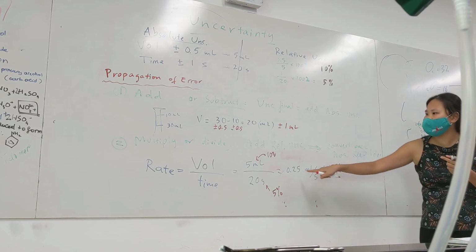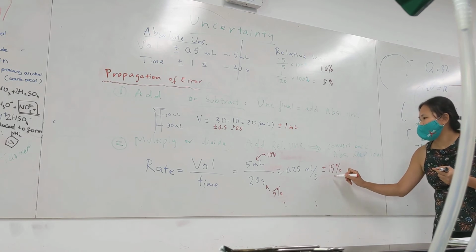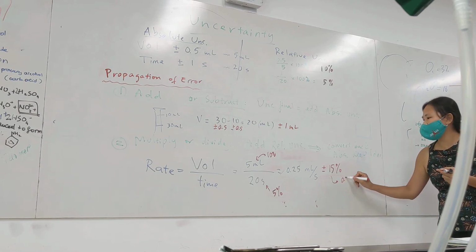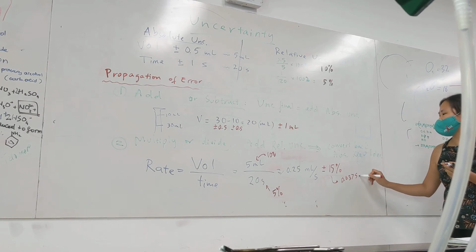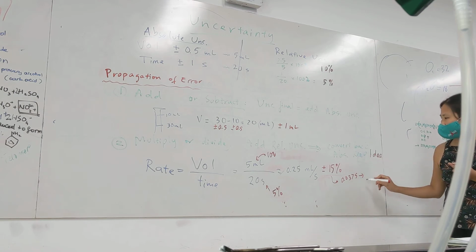And now, what does that 15% mean in terms of milliliter per second? You have to convert that back into this. So 15% of 0.25 is 0.0375, and then you have to round it to 1 decimal. Okay? So that would be 0.04.